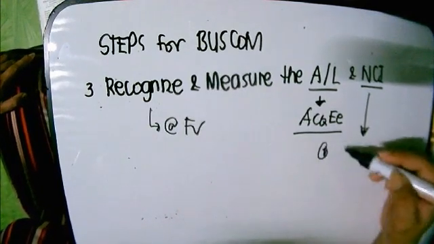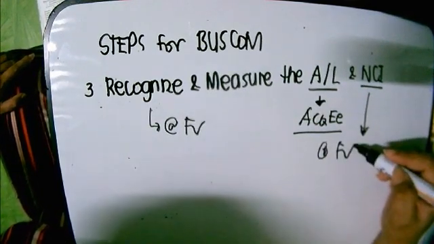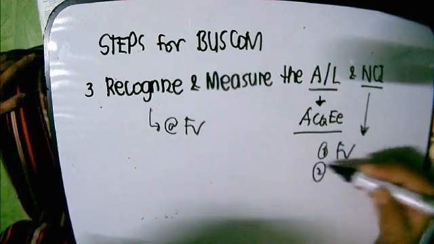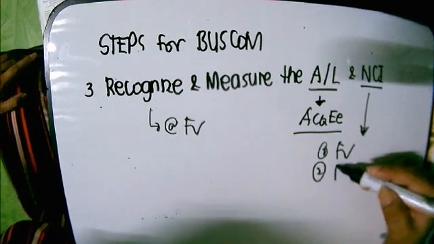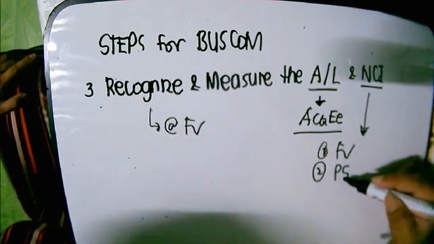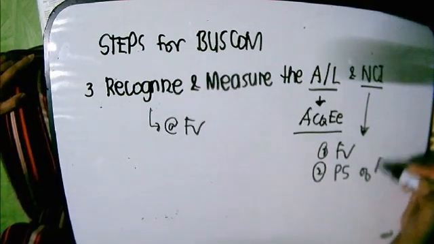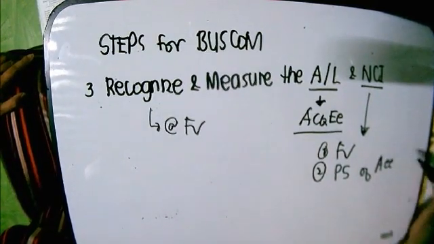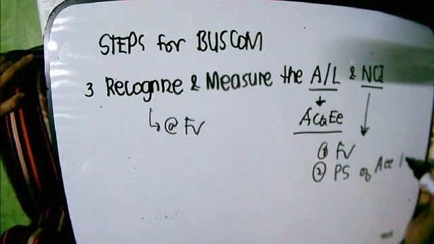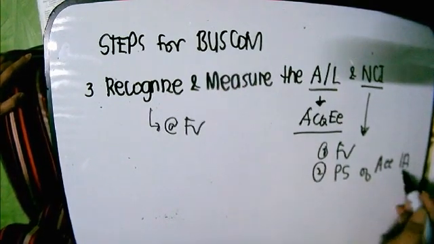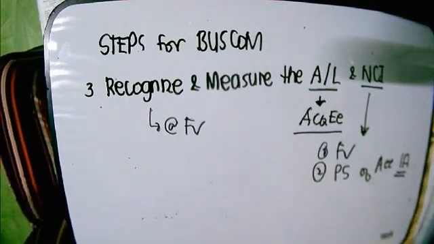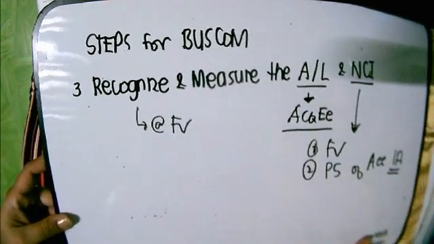So first, at fair value, and the second one is through the proportionate share of acquiree's identifiable assets. So later on magbibigay tayo ng example nito.